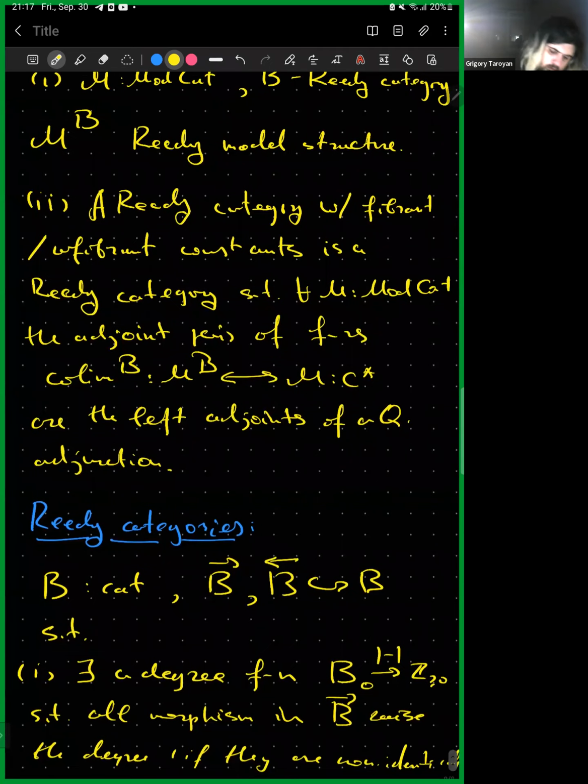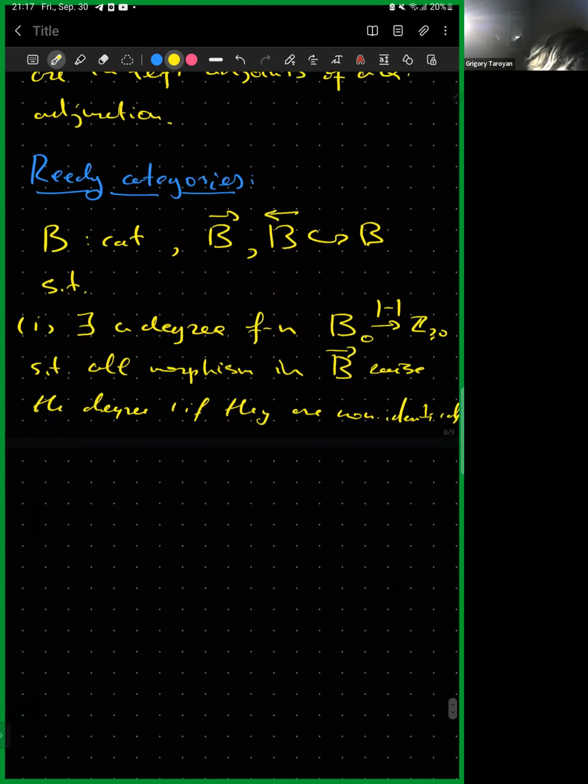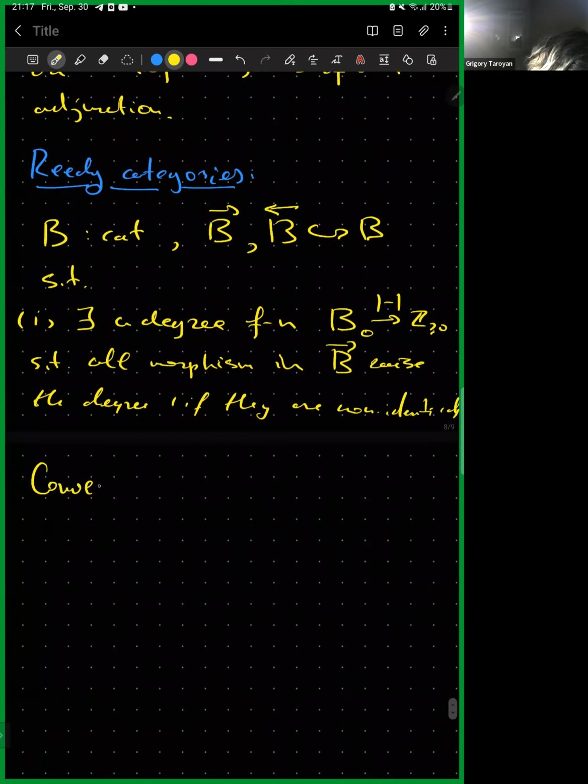And conversely, maps in the decreasing subcategory lower it, once again, if they're non-identical.